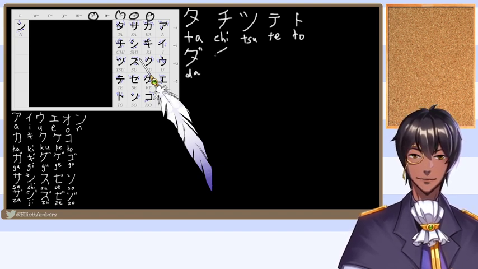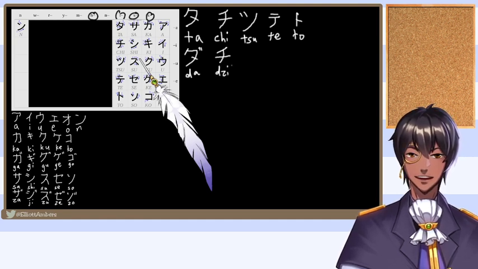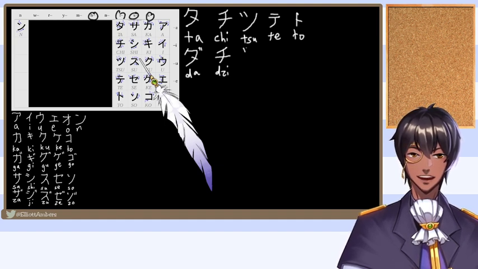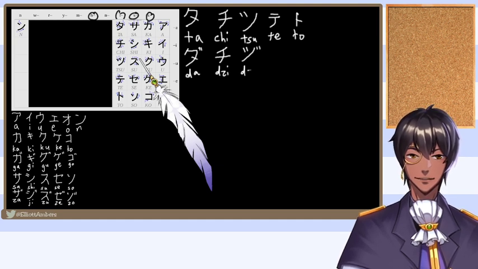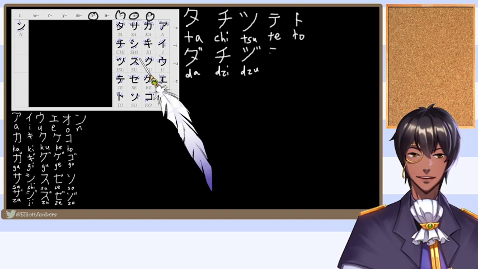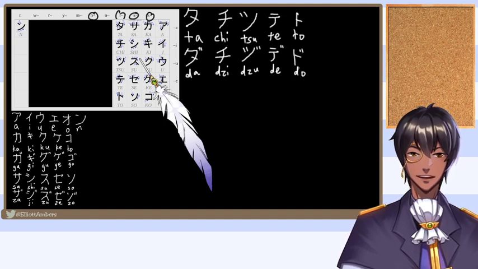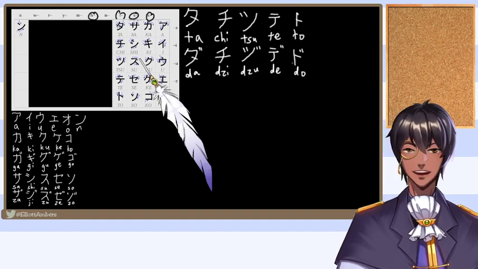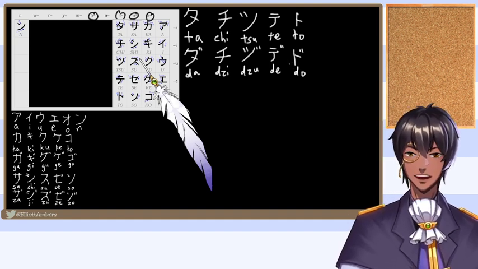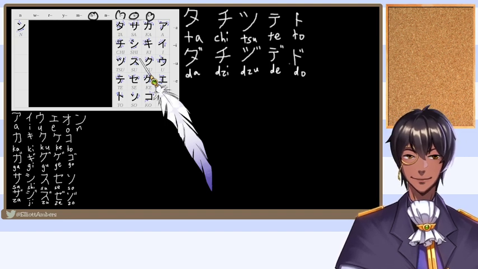We get ji, down, down, zu, and then we get de, and then we get do. Da, ji, zu, de, do. So that's how those characters get transformed. Again, ta, chi, tsu, te, to.